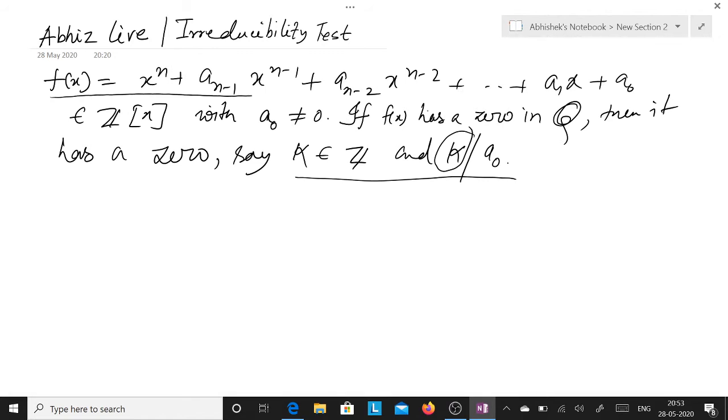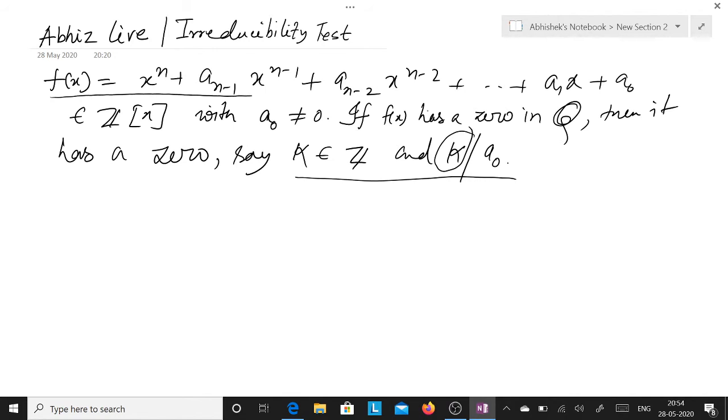And since it is a finite set, you can easily obtain the coveted goal that you want to show, whether the polynomial is irreducible over Q or not. And using this theorem, I have already discussed 2-3 examples of how to tackle the problems of irreducibility using this one.